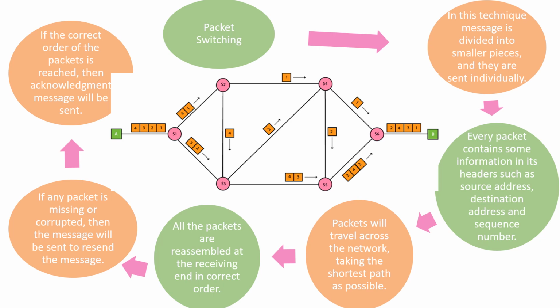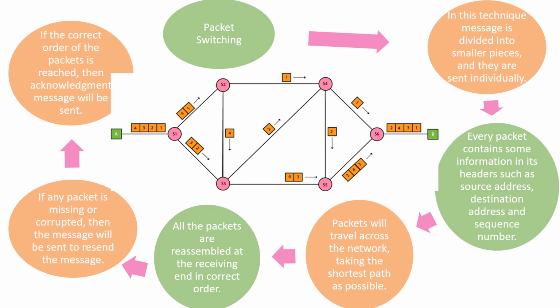Here a message is split into four packets where the sequence numbers are given 1, 2, 3 and 4, and packets 1 and 2 travel through the node S2, and packets 3 and 4 travel through the node, that is switch S3, and based on this packet switching, these switches will behave in such a way that the shortest path is assured, and at the end the receiver will get the message in the correct order.